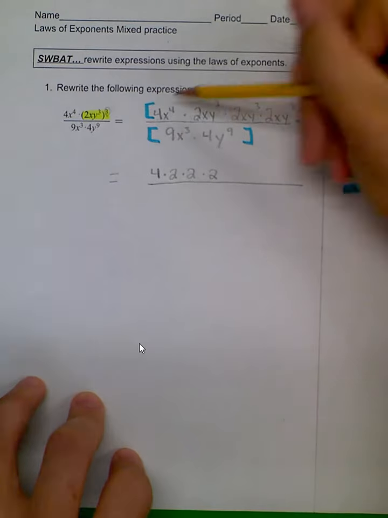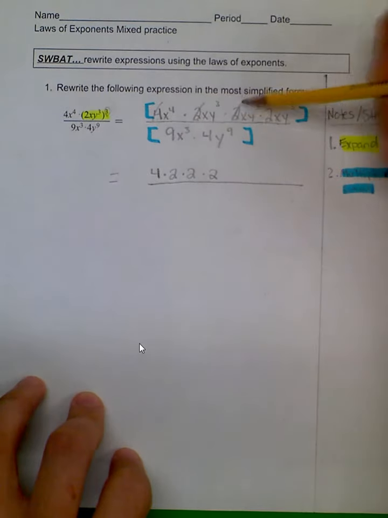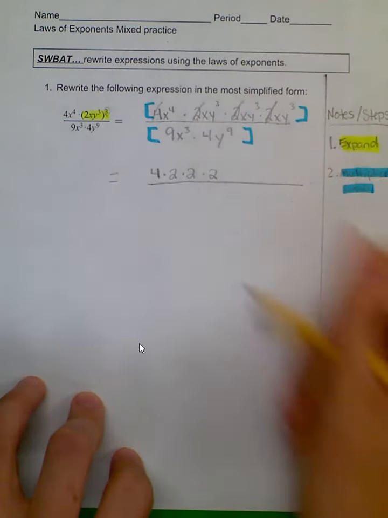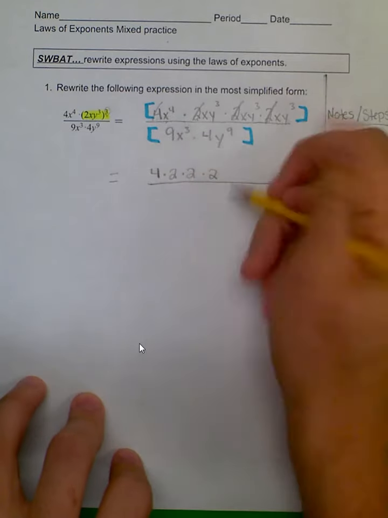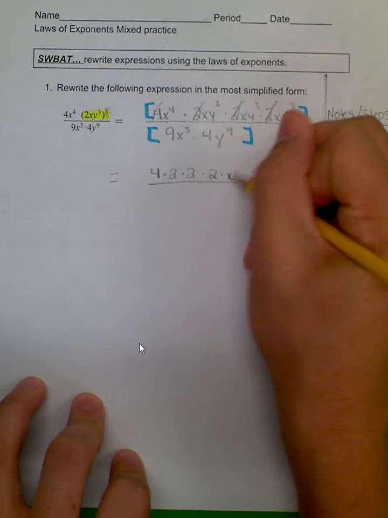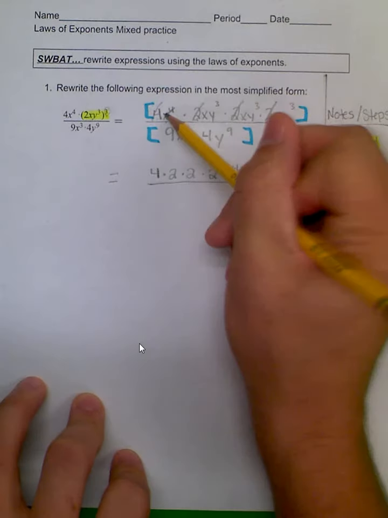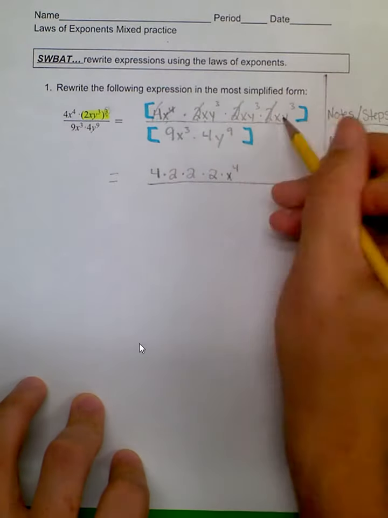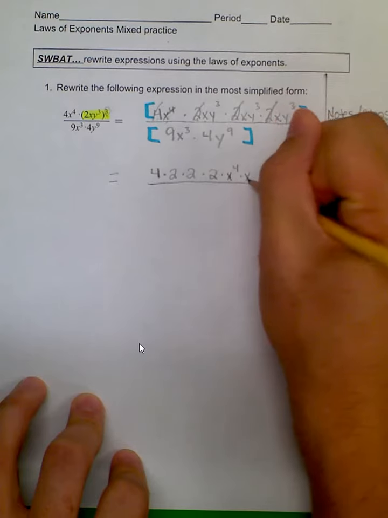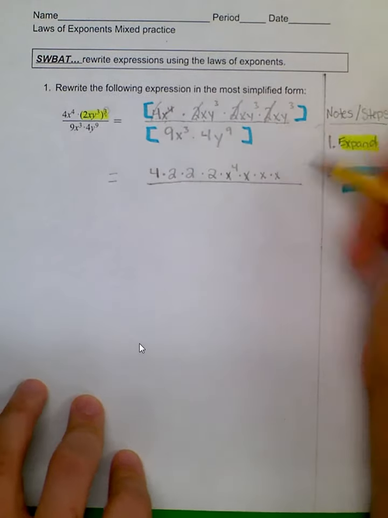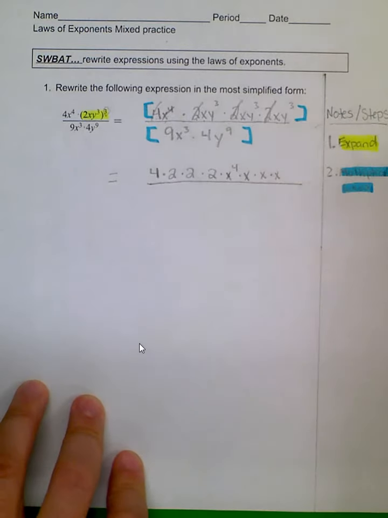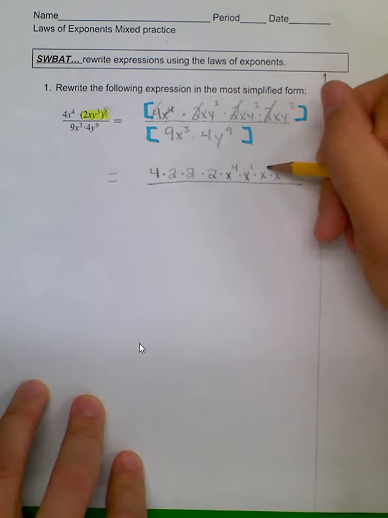I multiply those. And now I'm going to multiply any base with x in it. So I see I have an x to the fourth power, x, x, and x. So I have 3 x's. And an important thing to remember is, even though I don't see an exponent, there is one there. It's a hidden 1. So I'm going to fill in my 1's there.